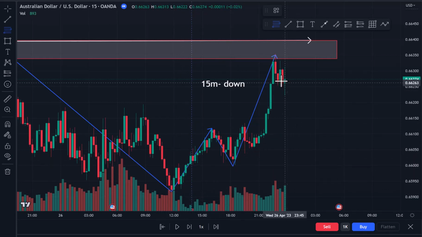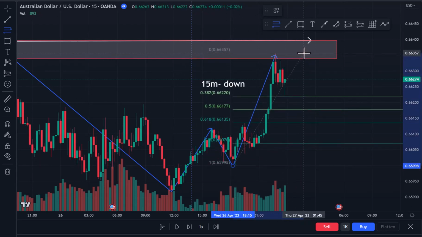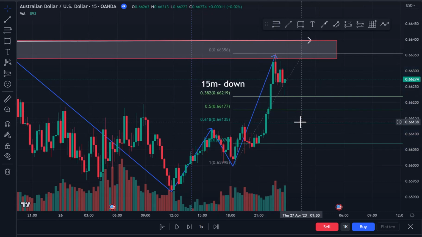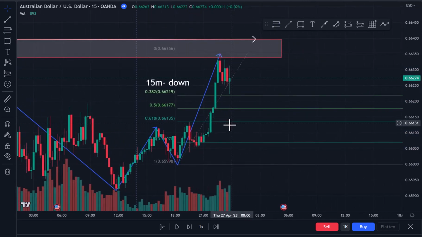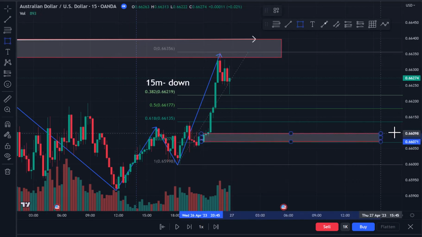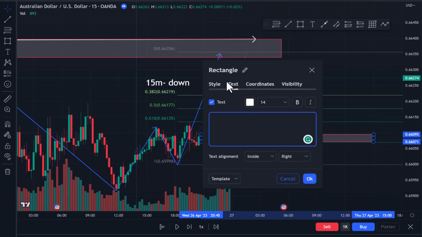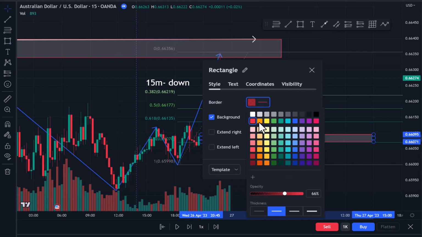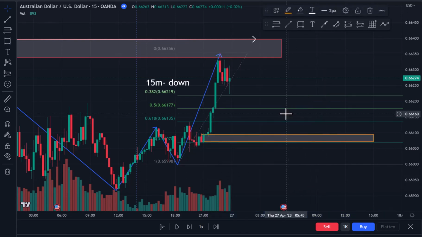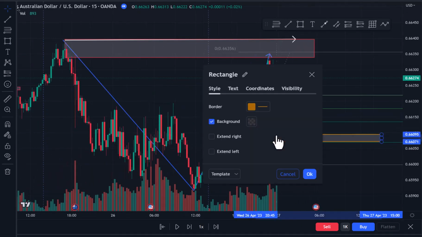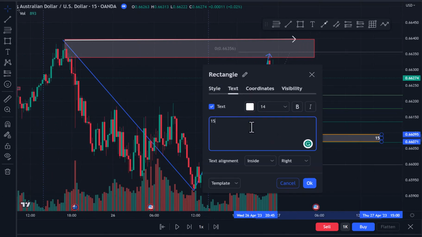So since our imbalance is up here, we'll run the fib from this low to this high, which means we're going to be looking for an order block area in between this zone, and if we take it right off of the 15-minute, there's this last down candle before price moves up again. We'll check this area on lower time frames as well, but for now, this is a 15-minute POI.